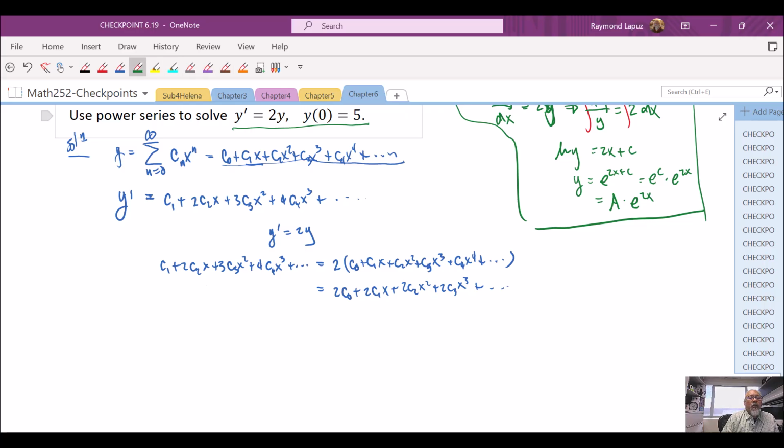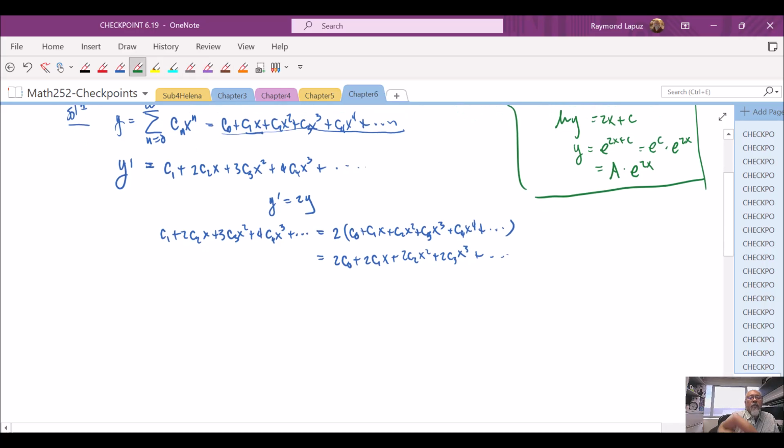I'm going to stop here, and now I will combine like terms, or set the coefficients equal to each other. We have a constant term c1 on the left, and this is the only constant term on the other side, so c1 is equal to 2c sub 0. Next is the linear term: 2c2 on the left side, and the linear term on the right side is 2c1.